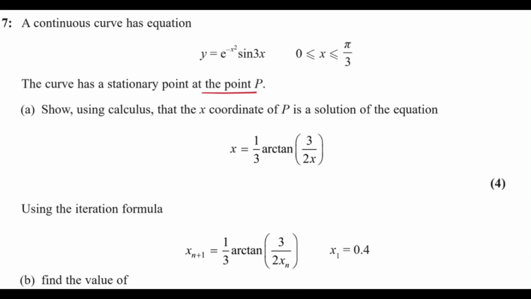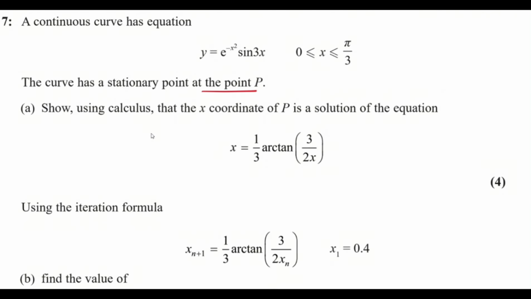What this means is that we have to try to solve and find the x coordinate of P. To do this, we have to find the derivative of our function, and then we will find out the stationary points of our curve, and one of the stationary points will be P. The equation that gives us the stationary point will be our answer.